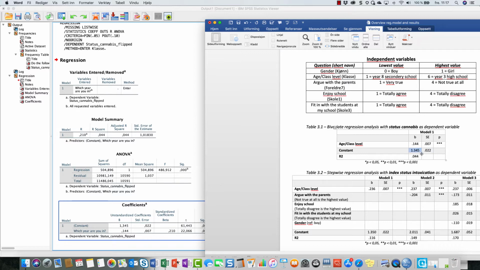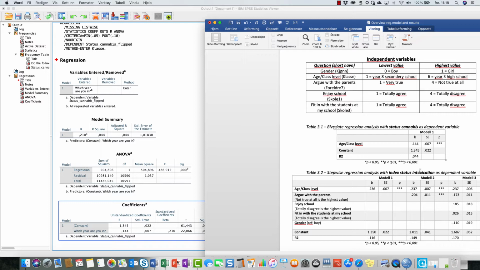1.345, and I put in the standard error, the SE. I put it there. Okay, and the interpretation of the constant is that 0 has to be a substantial value on the independent variable for me to interpret the constant in a substantial way.